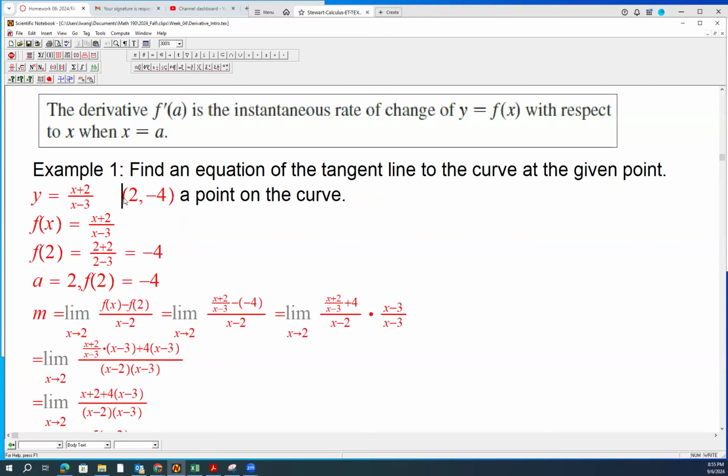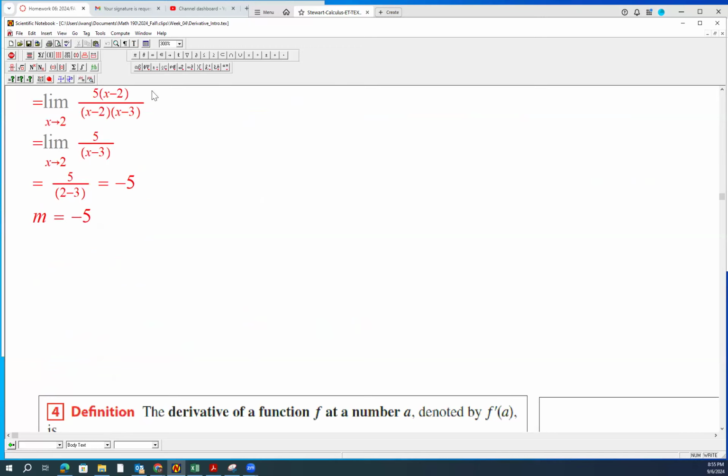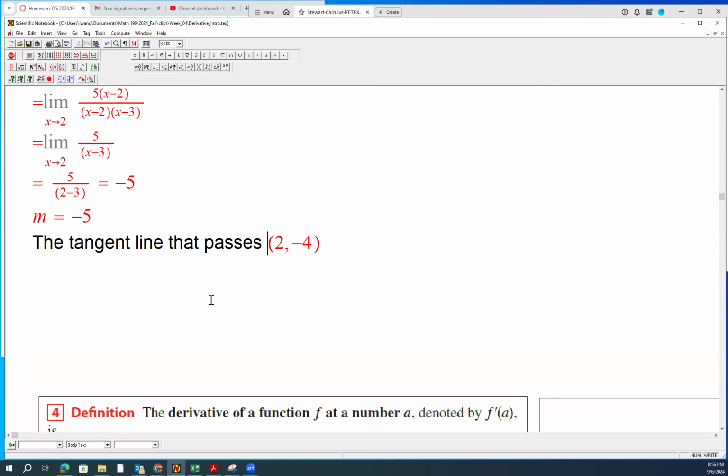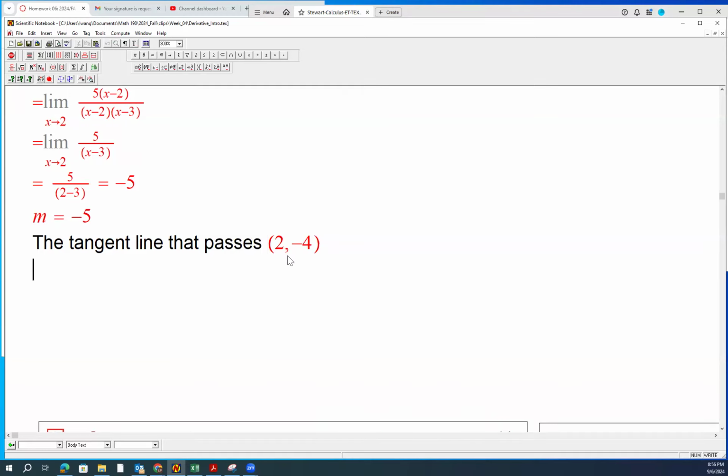And we also know the point, and point slope formula for the equation of the tangent line. Okay, we're going to use the point slope formula. The tangent line that passes the point 2, -4 is the formula.